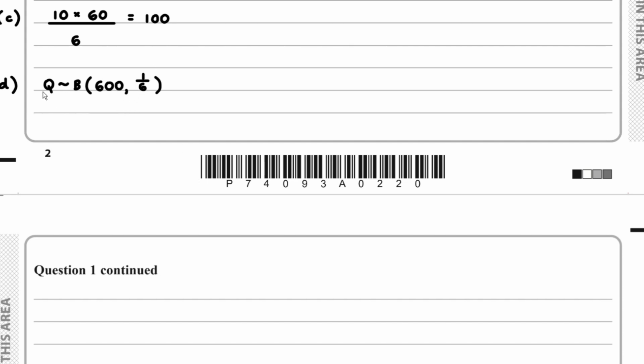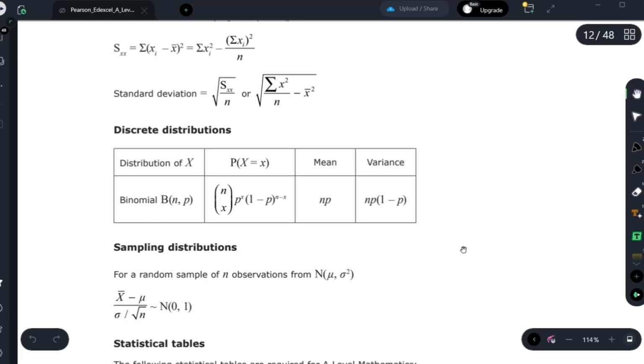Now, we need to approximate this as a normal distribution. And for us to do that, we require the mean and the variance. Now, in the formula book, you can see the mean for a binomial distribution is given by np, and the variance for a binomial distribution is given by np multiplied by 1 subtract p.